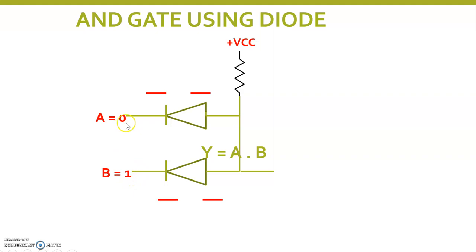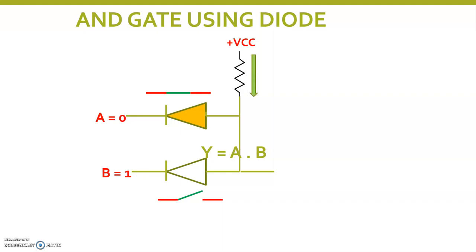Consider the second condition, if A equals 0 and B equals 1. Now logic 0 means 0 volt and logic 1 means 5 volt. Now for the second diode, D2, the anode is connected to VCC as well as the cathode is connected to plus 5 volt. Therefore only diode D1 will be in forward bias condition and it will act as a closed switch, but diode D2 will be in reverse bias condition and it will act as an open switch.